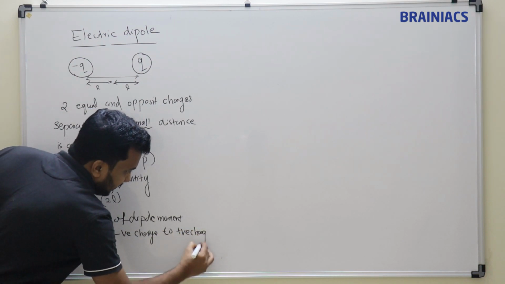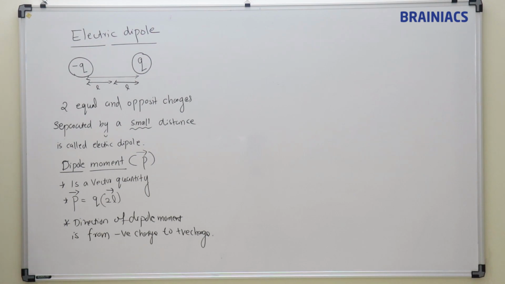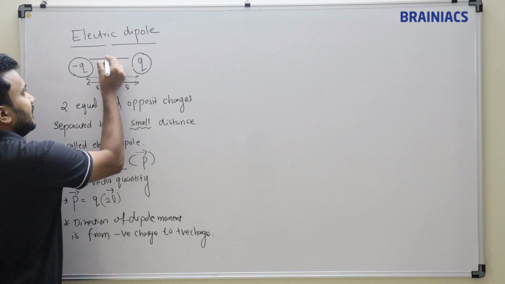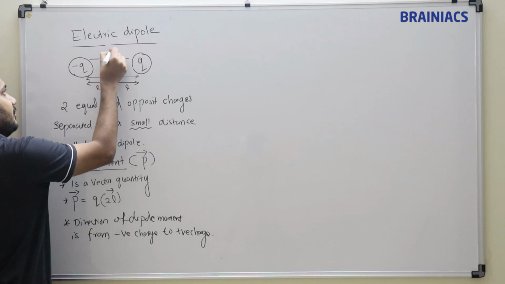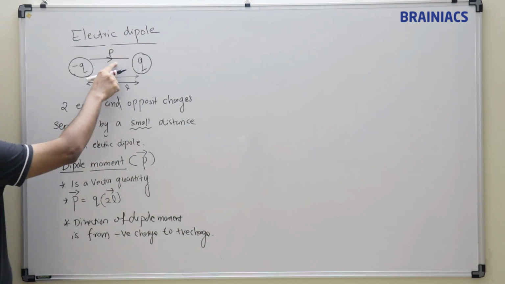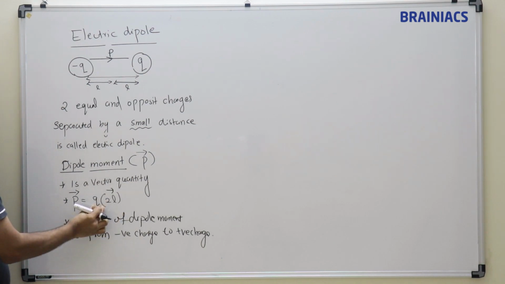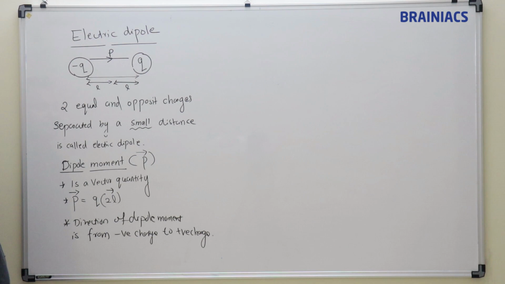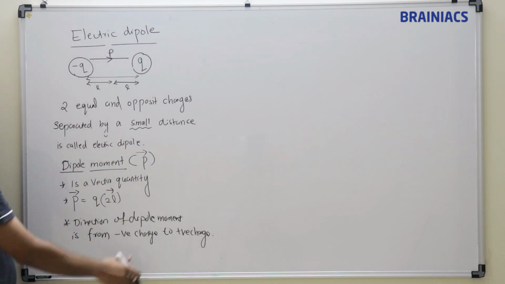In this diagram, I'll put an arrow mark and mark it as P. So this P is called dipole moment, the product of any one charge and the distance between the charges. So two concepts we have learned now.